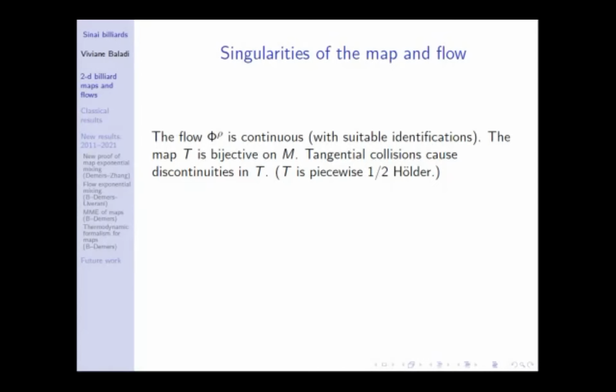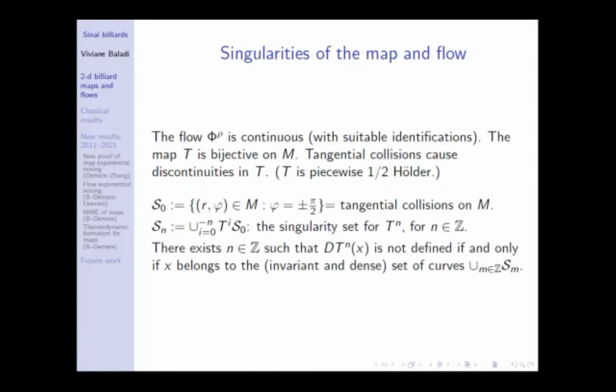No. So let's introduce some notation to handle these difficulties. The set of tangential collisions is called S0. So that's when the angle is plus or minus pi/2, because the angle is measured as a normal to the tangent.